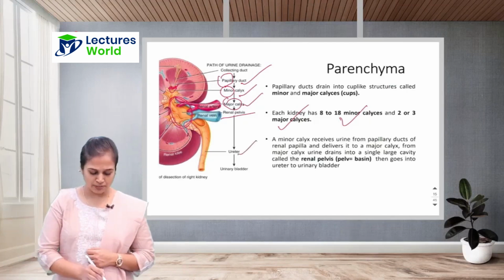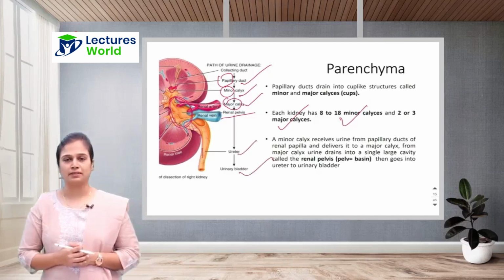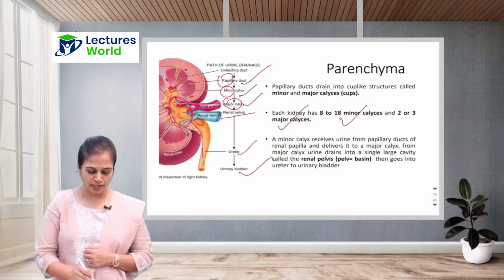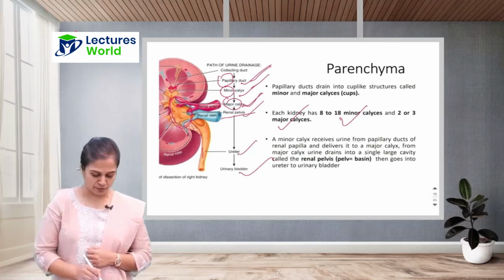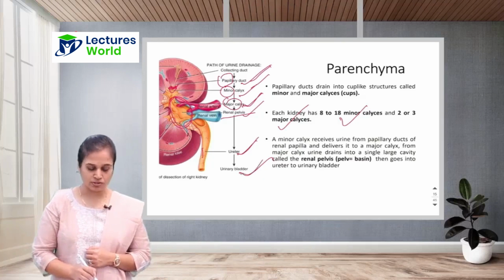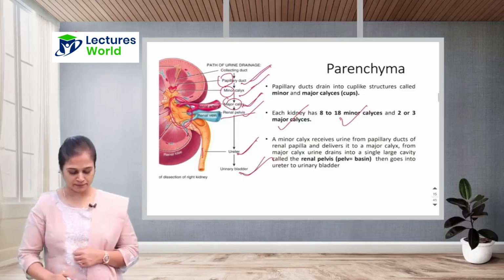So basically, from the papillary duct to minor calyx to major calyx, from major calyx to renal pelvis, from renal pelvis to ureter, and then it goes into the urinary bladder.